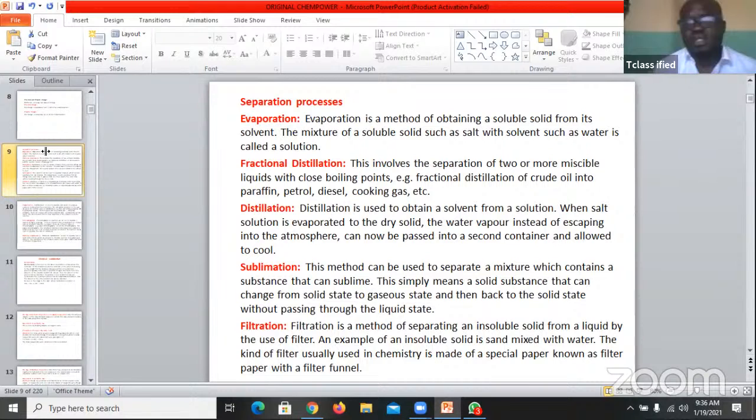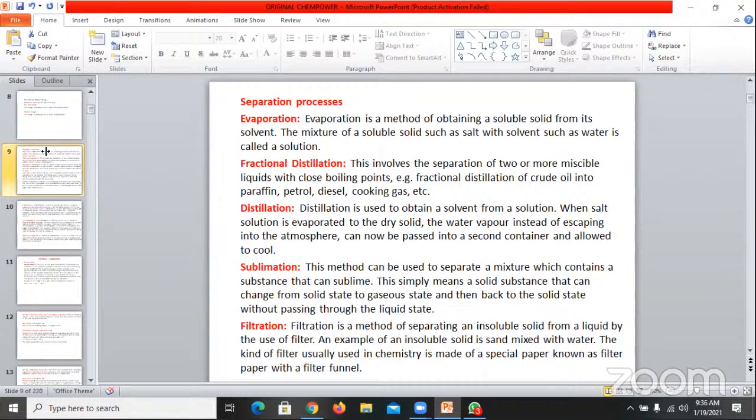Any further questions? Let's take questions. So in evaporation, is it the liquid that is important in this, or the solid is important? I don't understand. Yeah, in evaporation, the solid, you're looking at the device that you're going to be using.